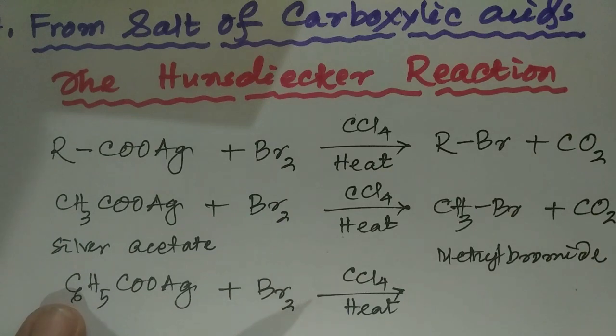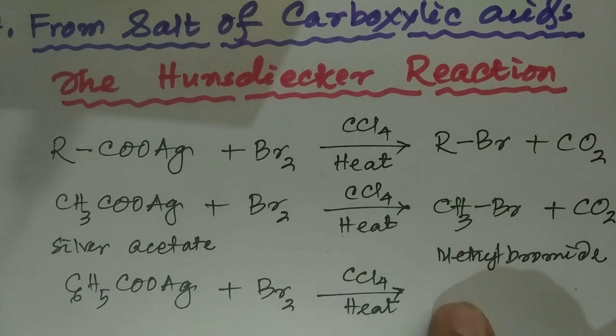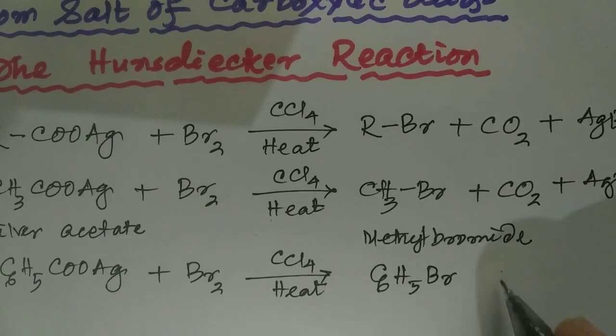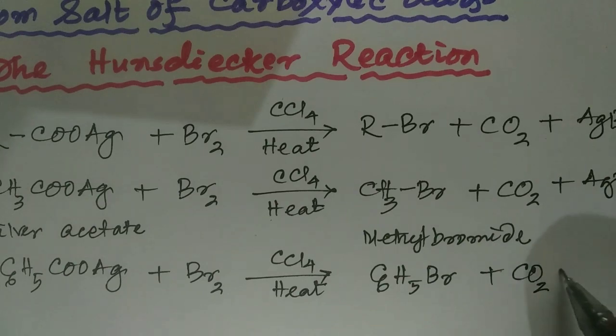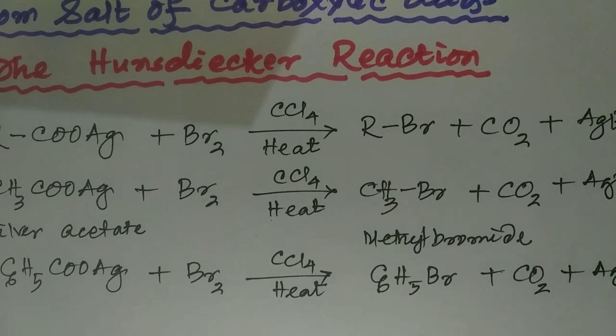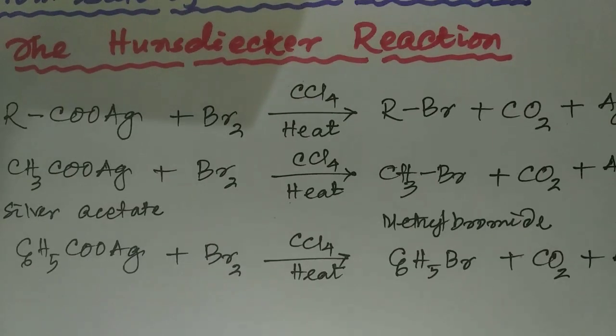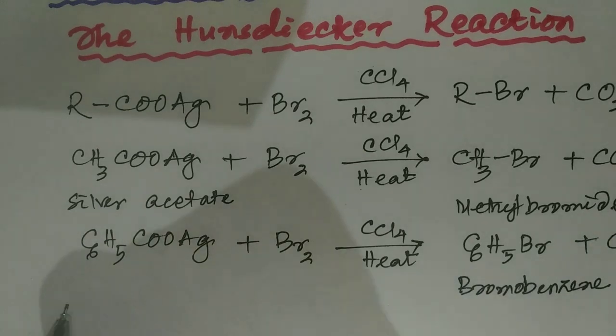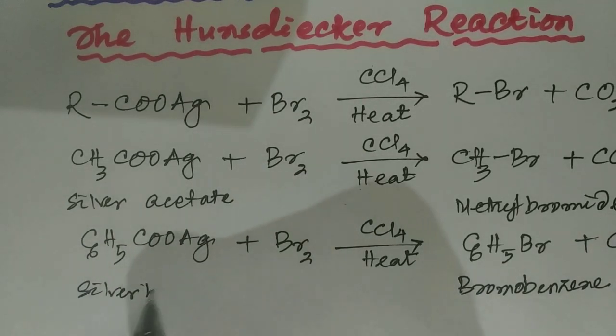In the place of R, what is there? C6H5. So RBr means we will get C6H5Br, bromobenzene, plus the byproducts are the same, carbon dioxide and AgBr. Okay, so these are the products. What is the product here? Bromobenzene. And this is silver benzoate.